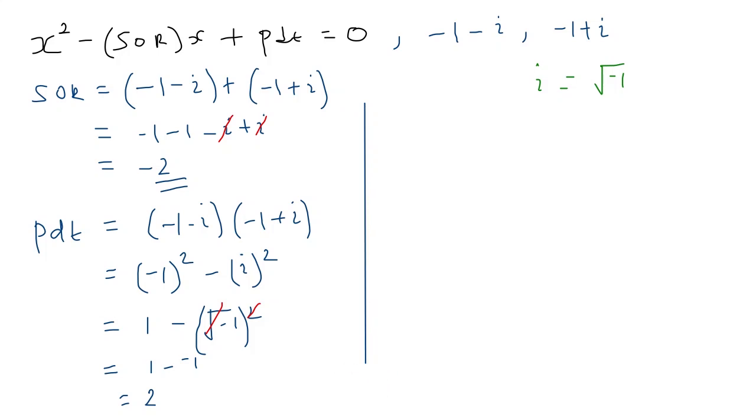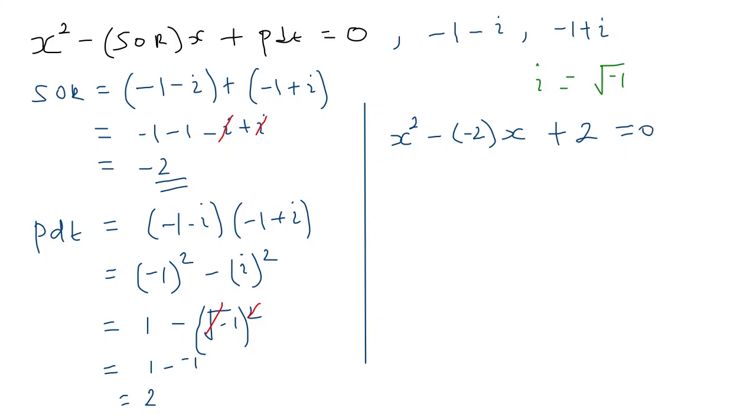Our general equation says x squared minus the sum of roots, which we've got as a -2, and then there is x here, then plus the product of roots, which we got as a 2, equals 0.